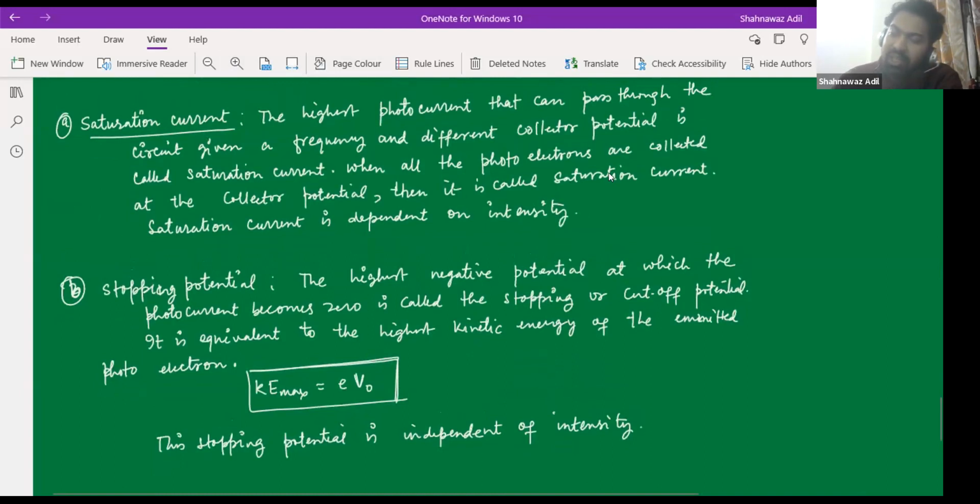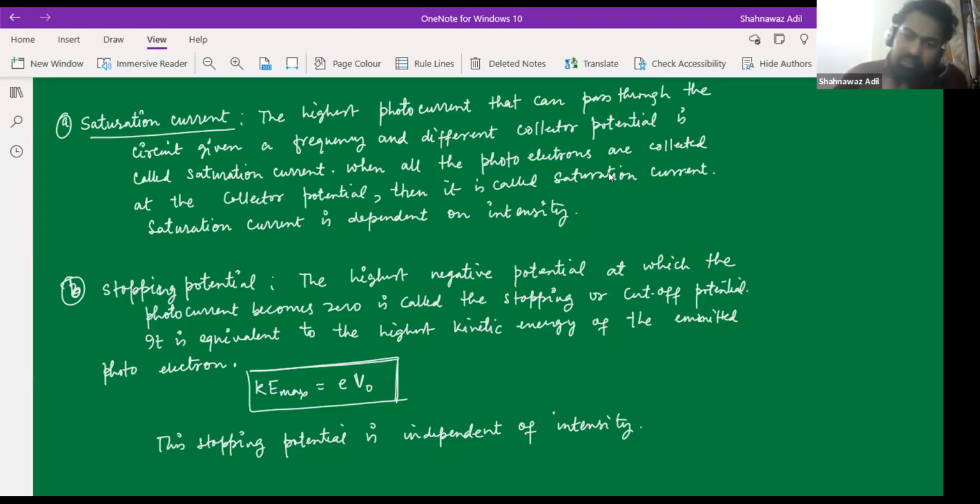Only if we have understood the graph, then everything would be clear, right? If we have understood the graph, then everything becomes clear. So in the second observation, we are fixing the frequency and then we are changing the potential and intensity. These are the two things we are doing.